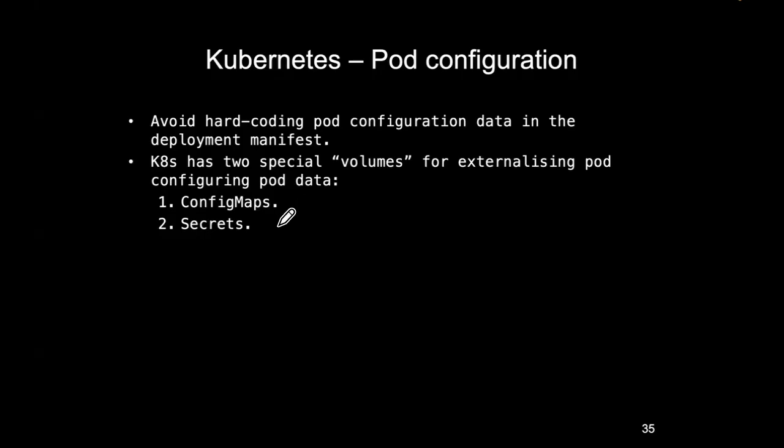So config maps and secrets are two new types of resources, and we use them for storing configuration data, which can be then picked up by a pod at deployment time.